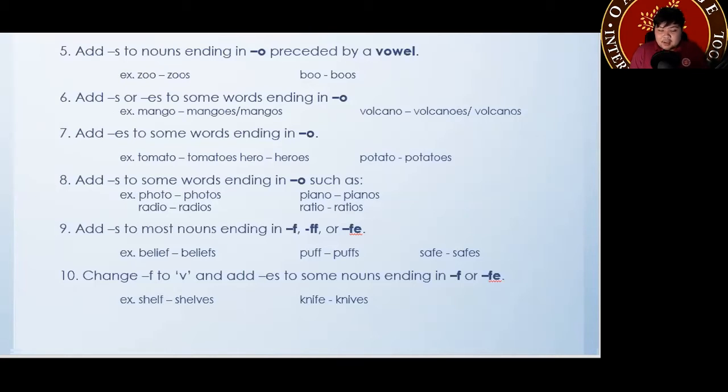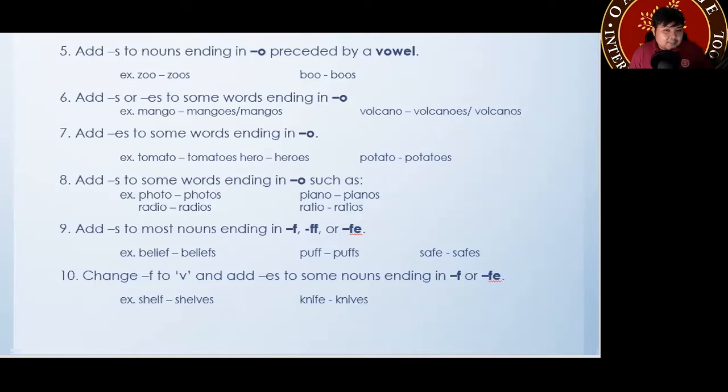Even for potato, the plural is potatoes, guys. If there's no e there, if it's just potatos, that's not correct. Next, number eight. Number eight, add s to some words ending in o, such as certain words that, even if they're not preceded by a vowel, right?